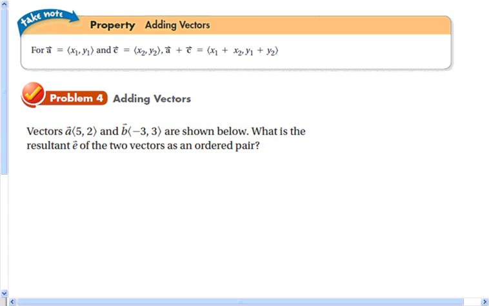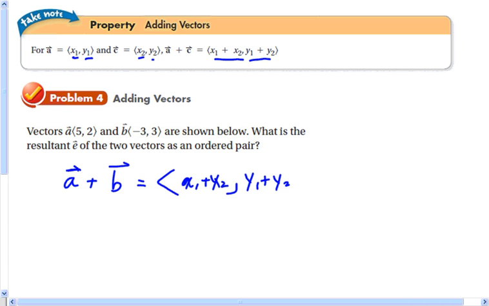All right, to add vectors, it's not very difficult. All you do is add the x coordinates and then add the y coordinates. And you can add two vectors that way. So we want to add vector A plus vector B, and that equals x of 1 plus x of 2, and then y sub 1 plus y sub 2 from each of those vectors.